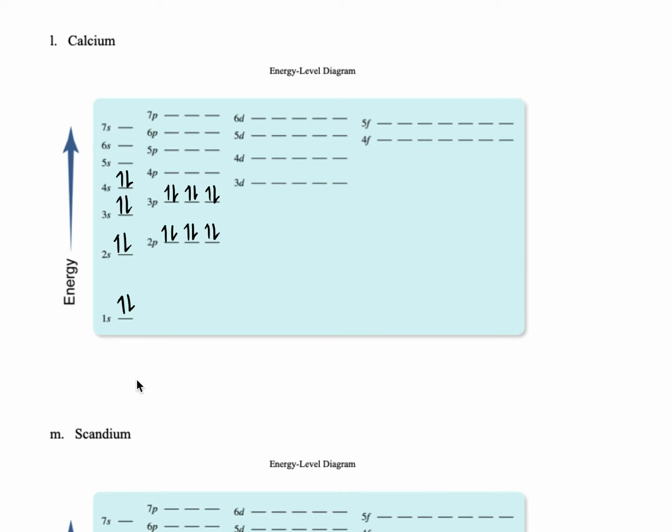Calcium's electron configuration then will be 1s2, 2s2, 2p6. We'll have 3s2, 3p6, and 4s2. Or in other words, argon with 4s2.